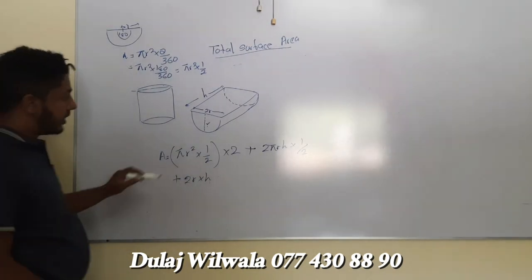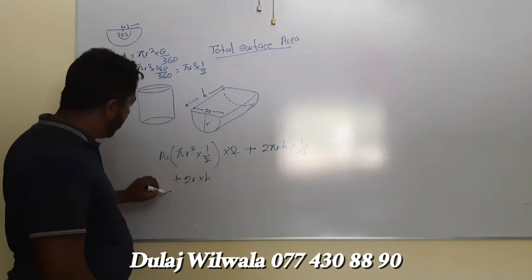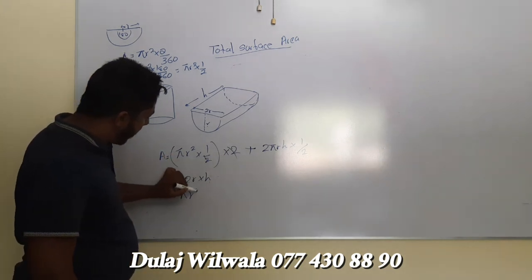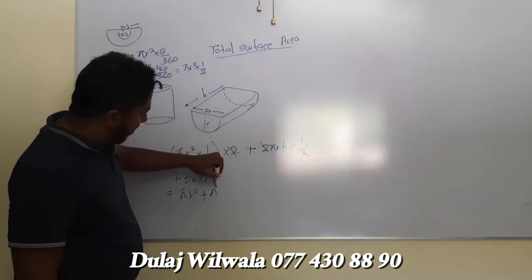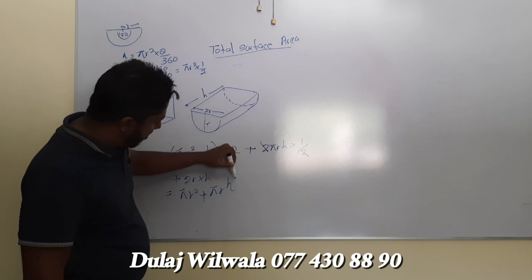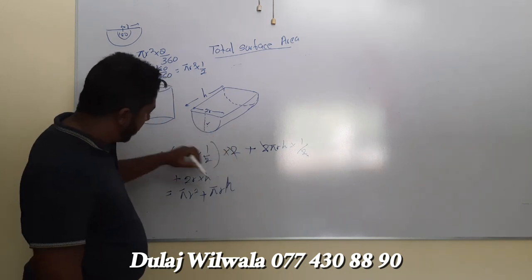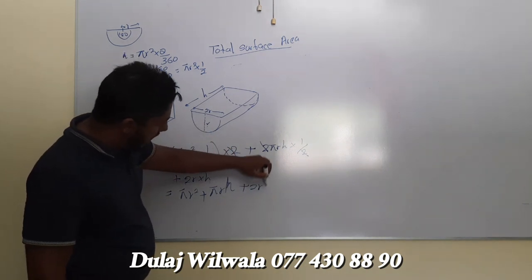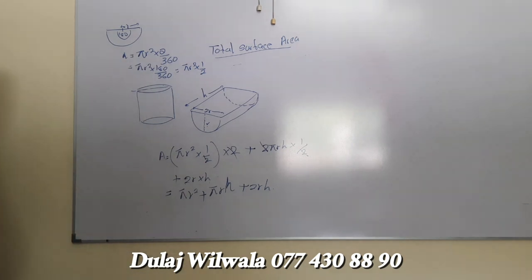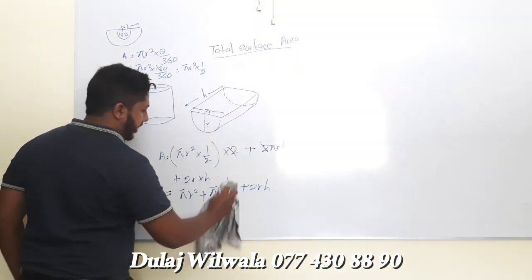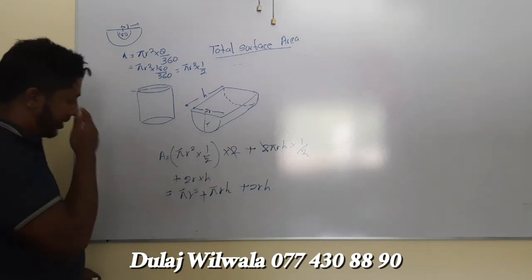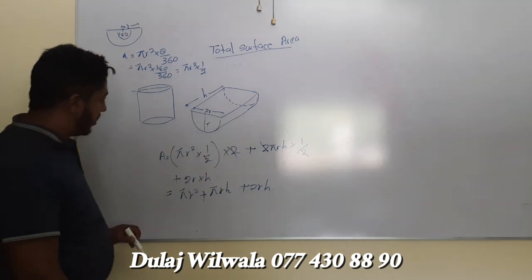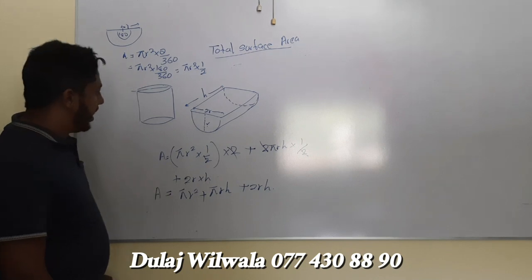Now if we simplify this, 2 and 2 get cancelled, so pi r squared plus pi r h plus 2r h. Let me write this again. Pi r h plus 2r h. So this is the area.